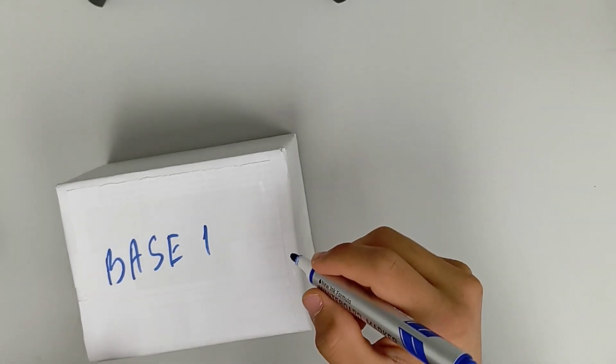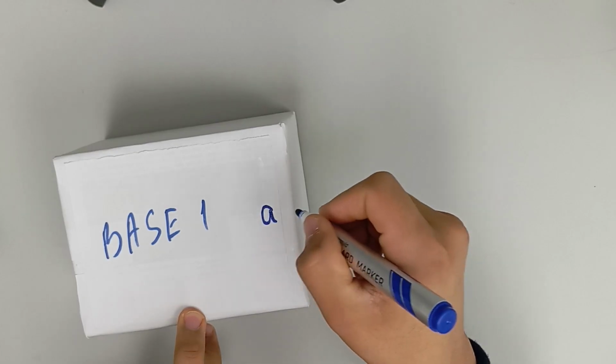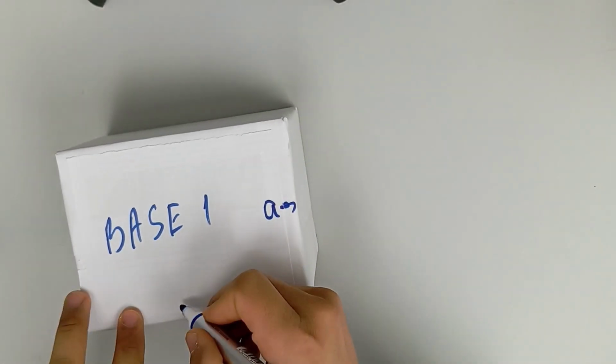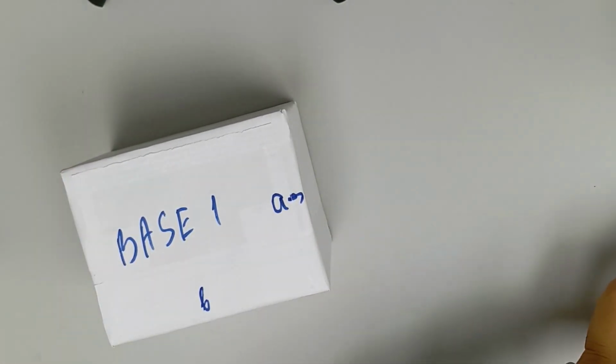Now, let's calculate the base surface areas. We can take this side as a, this side as b, and the area of this base becomes a times b.